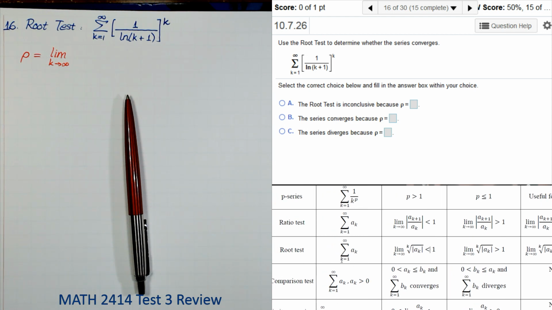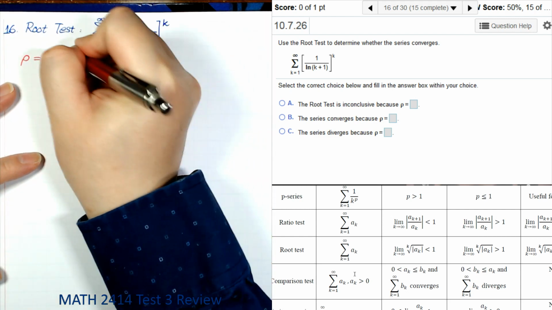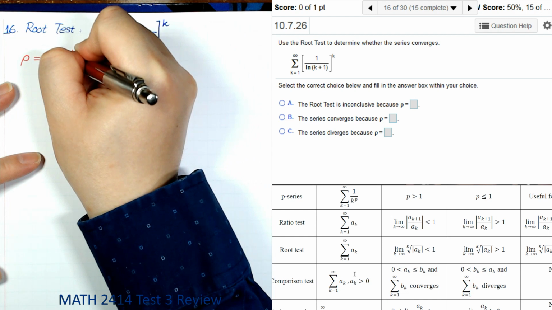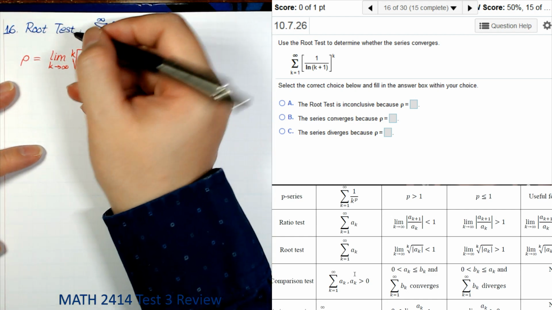Yeah, so that is the root test. So we take the limit with the root of the k index, and we just have the whole thing there.